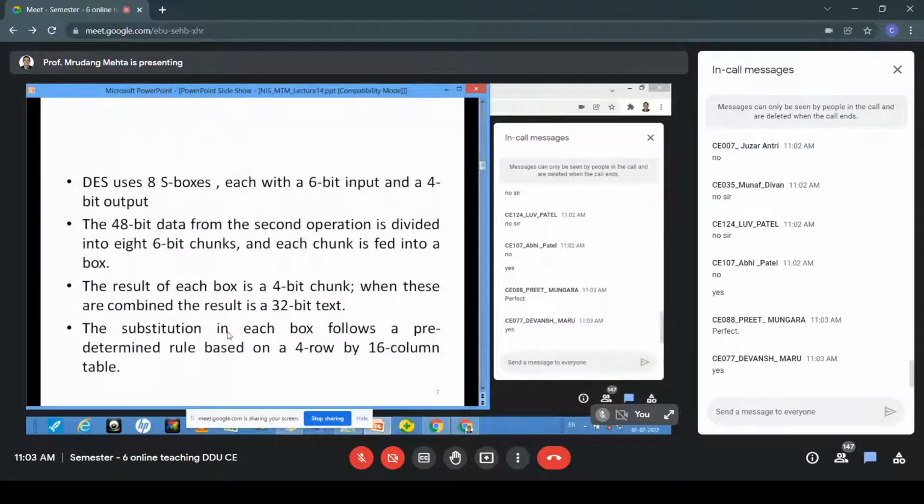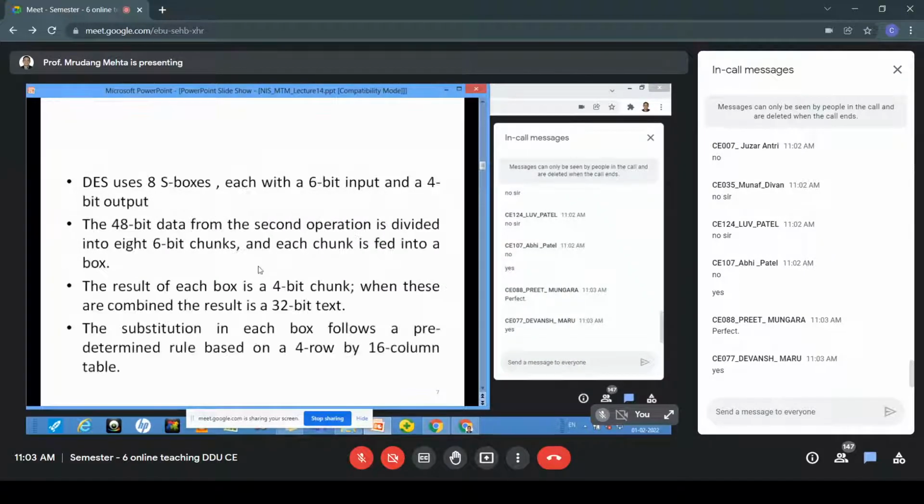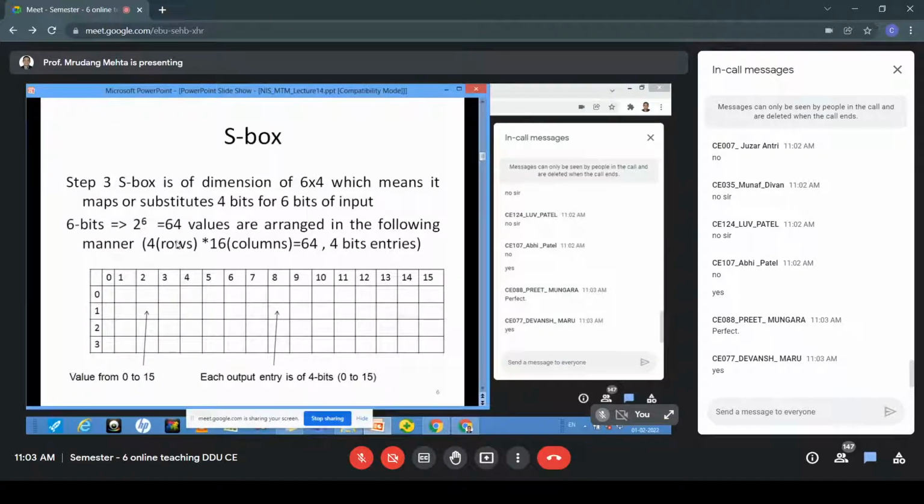So the substitution in each box follows a predetermined rule based on a 4 rows by 16 columns table. The combination of the first and sixth bits of the input defines one of the 4 rows. You can see that the input is 6 bits.